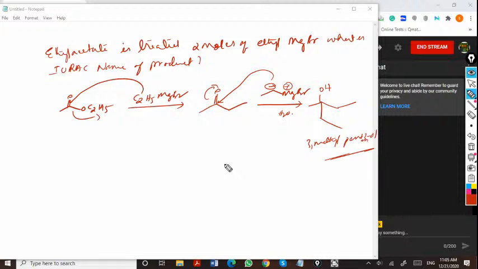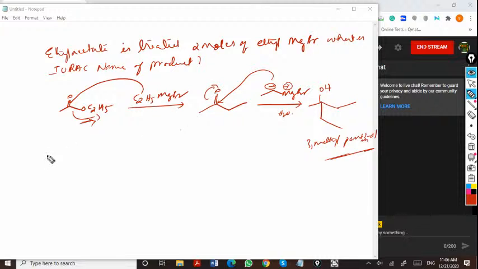Okay. So based on Grignard, you can make many questions and you can expect many questions in different examinations. So try to apply the reagent in different systems. Okay. So you can find different types of the reaction.